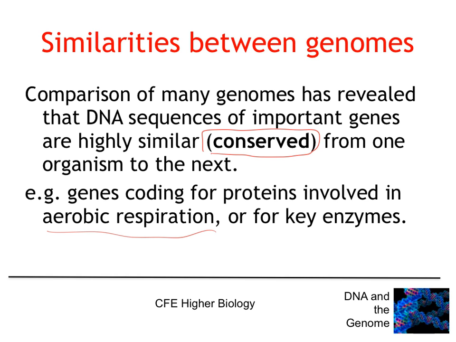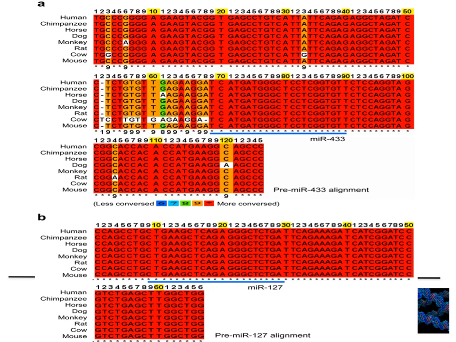And I've put just a wee diagram here that's looking at comparison between different organisms, different sections of the genome. So we're not looking at the whole genome, but at different bits of it. You'll see on this diagram, up here for example, in this section, we're looking at similarities between a human, a chimpanzee, a horse, a dog, a monkey, a rat, a cow and a mouse.